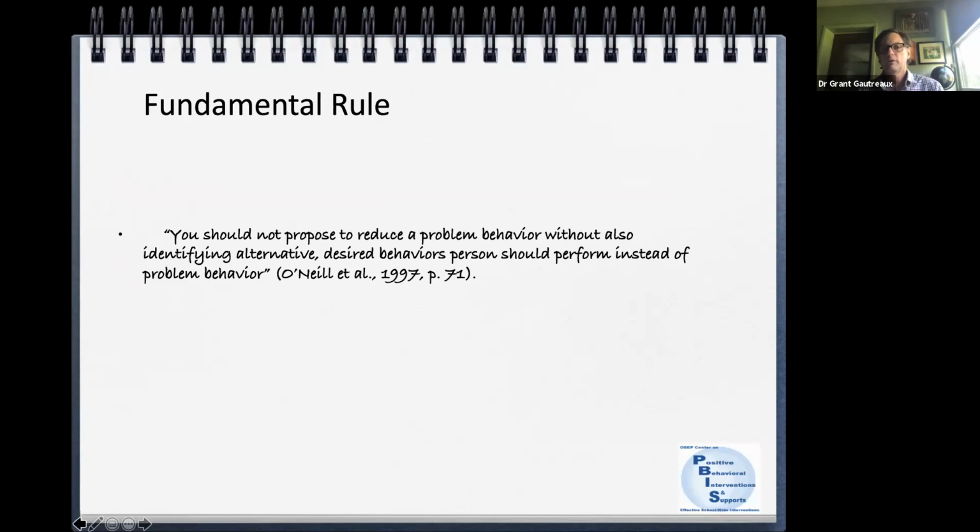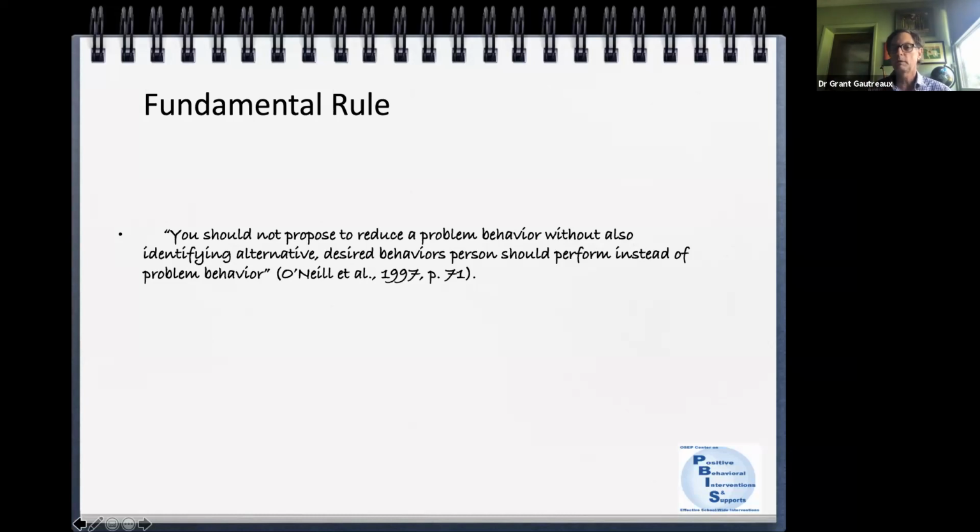Some may have argued that before you decide to reduce a problem behavior, you have to identify its alternatives, what you want the person to do as a desired behavior or as a behavior that would be habilitative for them.